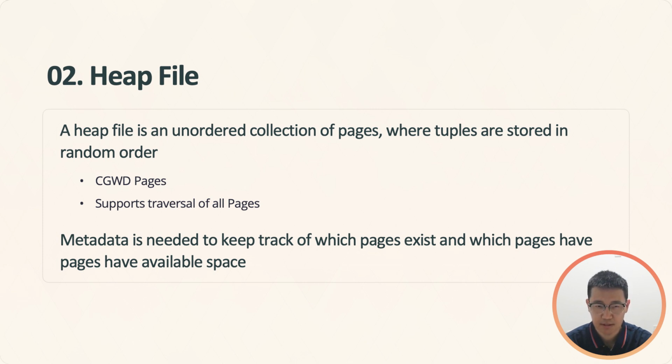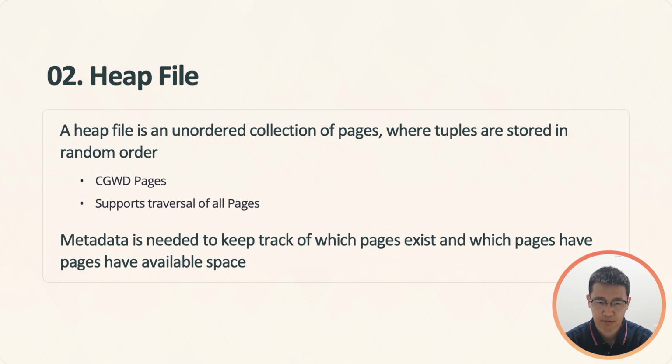We talked about these page files in the previous lesson. Page is the basic structure in the disk storage. The heap file also needs to support traversal of all the pages.